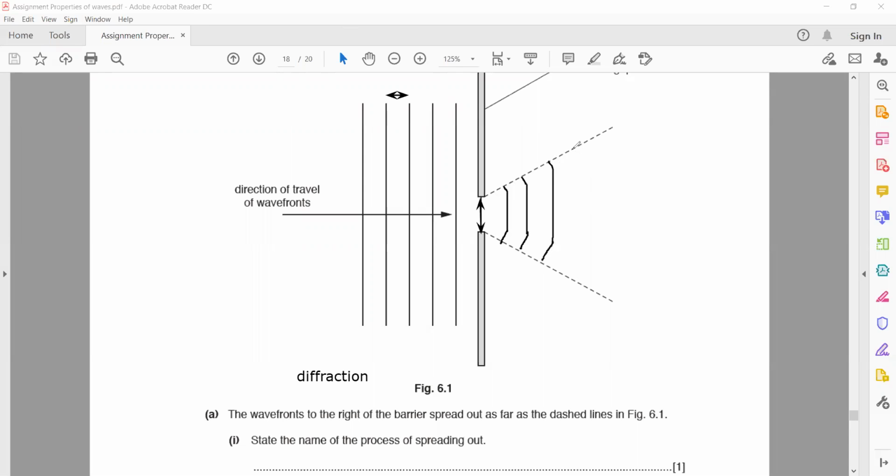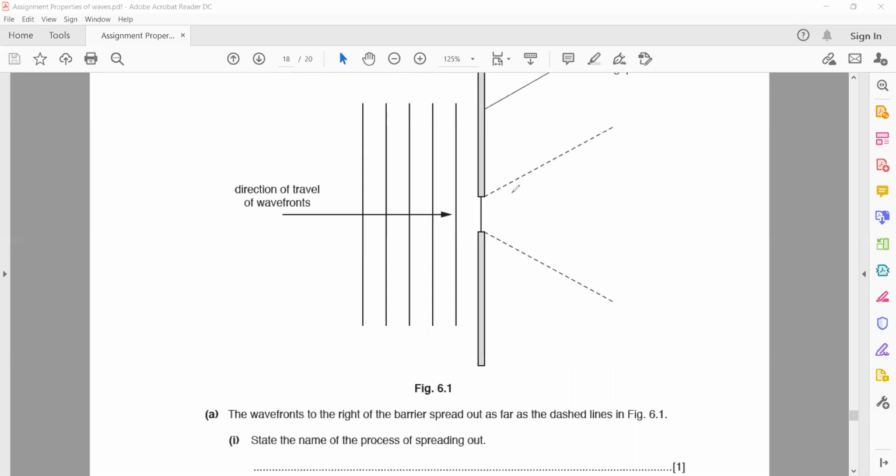And again, keep in mind the wavelength should not change. If this was 2 centimeter, then I should use a ruler and measure that this distance should also be 2 centimeter. When you're drawing a straight line, you don't have to use a compass.